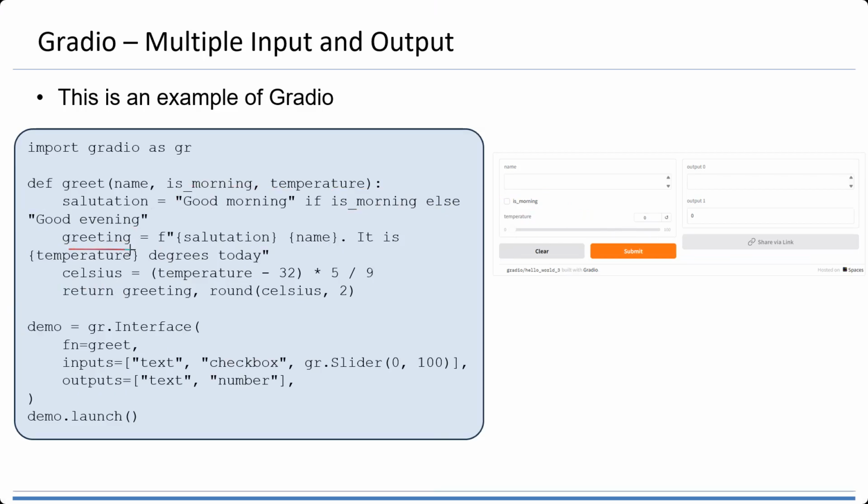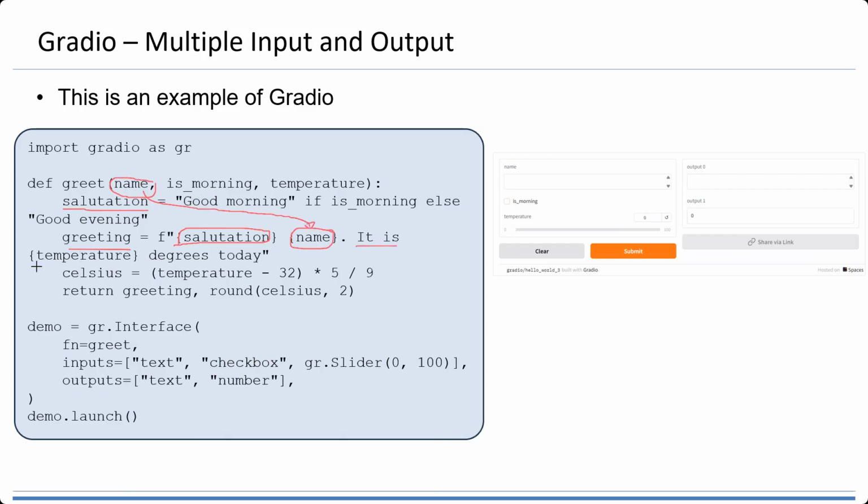Then the greeting: we will check the salutation. The salutation is from this variable, and give the name. The name means the parameter given by the user.